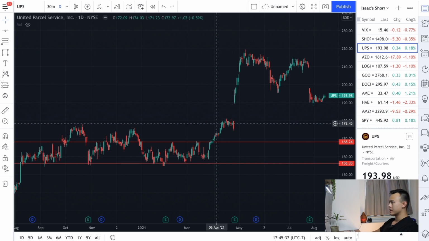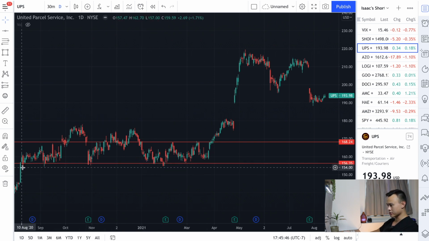All right. Next, you want these levels to touch the most candles as possible. We see here that this level of 156 has a lot of touches. So let's count them out right here. It functions as support 1, 2, 3, 4, 5, 6, 7, 8, 9, 10, 11, 12, 13, 14, 15, 16, 17, 18, 19, 20, 21.